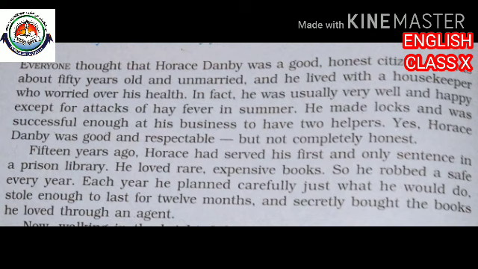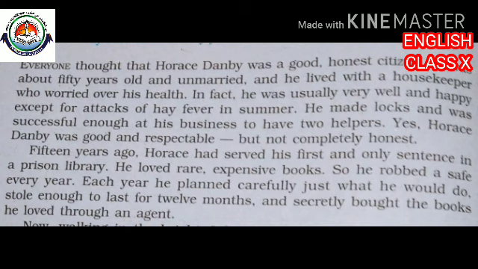First paragraph. Everyone thought that Horace Danby was a good, honest citizen. He was about 50 years old and unmarried, and he lived with a housekeeper who worried over his health. In fact, he was usually very well and happy except for attacks of hay fever in summer. He made locks and was successful enough at his business to have two helpers.